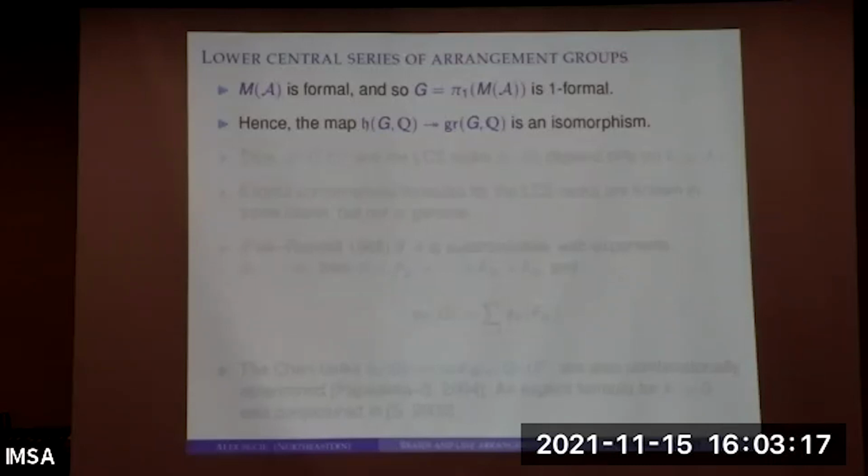So that's a very strong form of formality, but it's proved using the RAM homology. So this uses real form. So it's formal over real, which also means it's formal over rationals. And shown. But on the other hand, arrangement groups are not formal over finite fields.